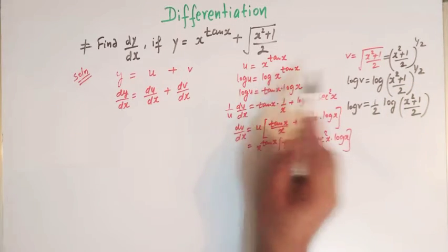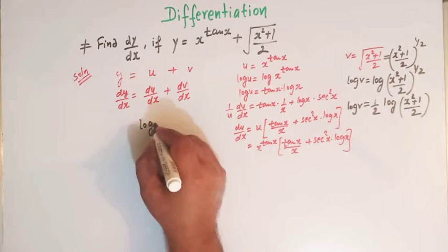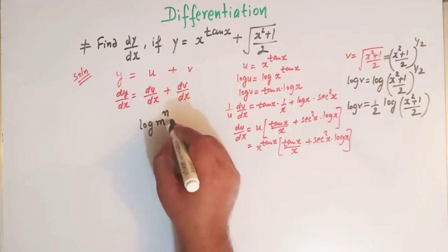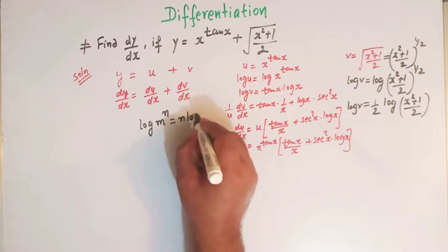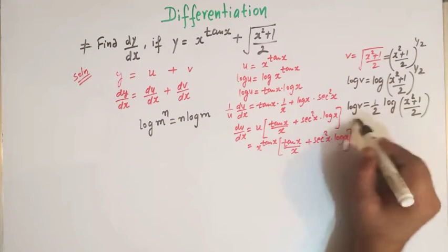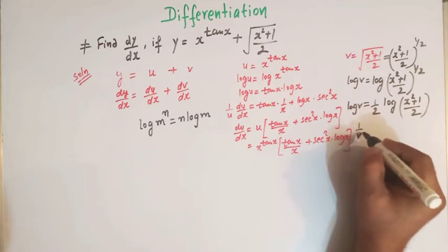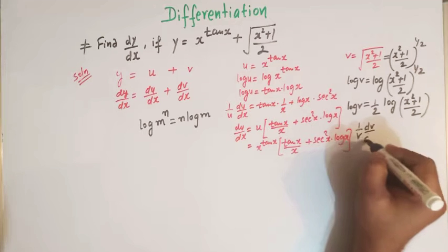So here and here we have applied the rule, that is log m raised to n is n log m, right?